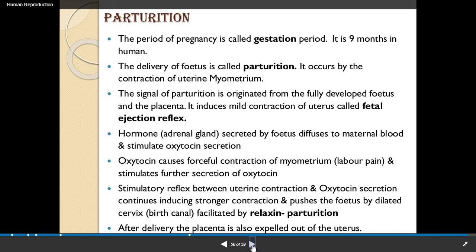This stimulatory reflex between uterine contraction and oxytocin secretion continues, inducing stronger contractions and pushing the fetus through the dilated cervix, the birth canal, facilitated by relaxin. That is parturition. After delivery, the placenta is also expelled out of the uterus. So this is how parturition occurs.